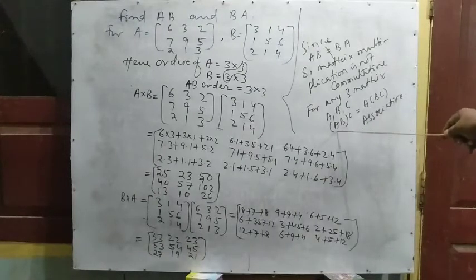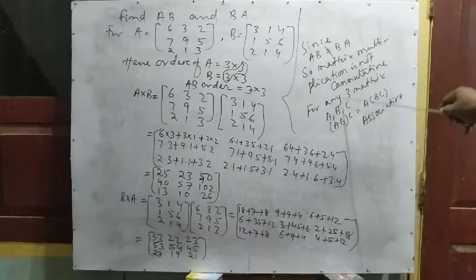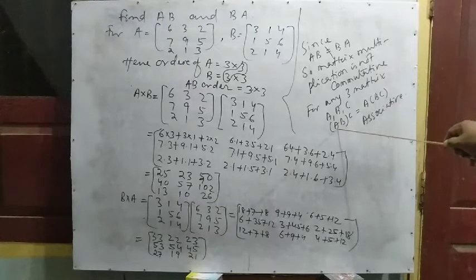First you multiply AB, then you multiply C, and the same result you will get by multiplying BC with A. AB with C is equal to A with BC. And this property is known as the associative property.